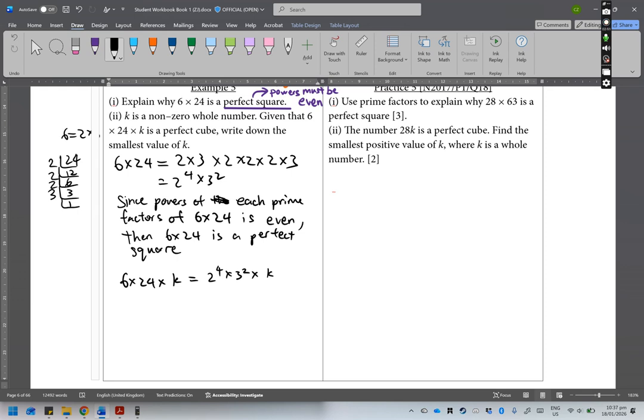If a perfect square must have even powers, a perfect cube must have... no, it's not odd powers. It is powers that are multiples of 3.